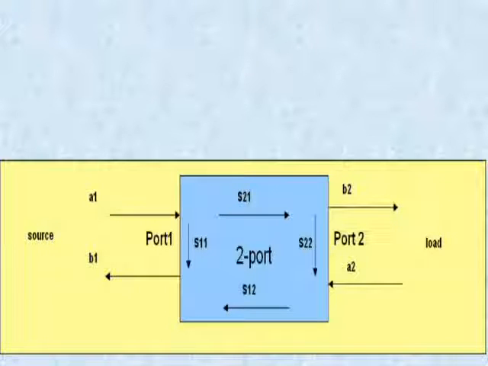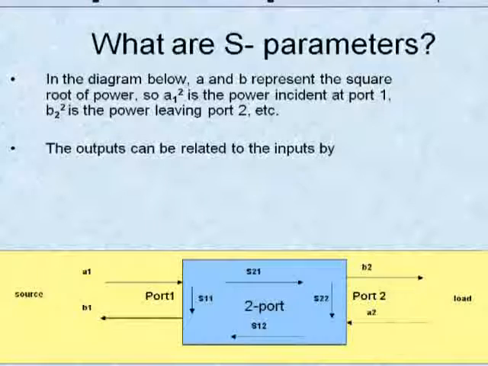Similarly, once we've defined that, we can relate the outputs to the inputs. This is where there's a bit of maths, but I promise you it doesn't go too much further. If you look at that diagram, B1 is what's coming out.